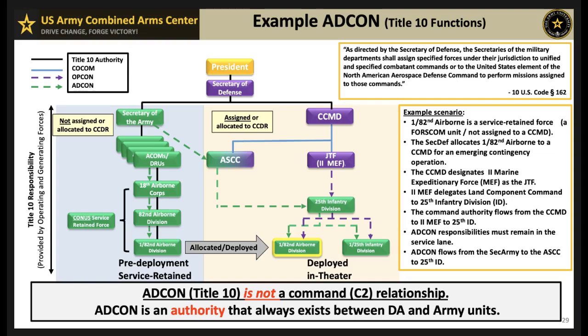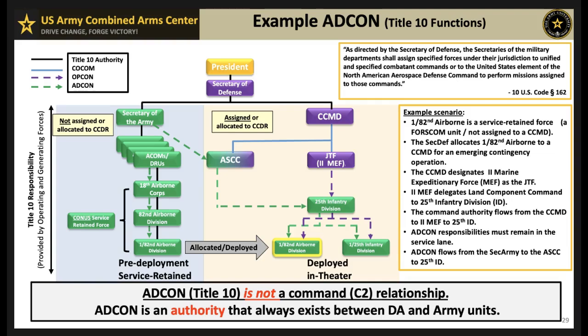The diagram also highlights the distinction between operating and generating forces. Operating forces, as we discussed earlier, are primarily composed of MTOE units deployed in support of combatant command objectives. In contrast, generating forces, including ACOMs, DRUs, and field operating agencies, focus on training, equipping, and sustaining the Army.